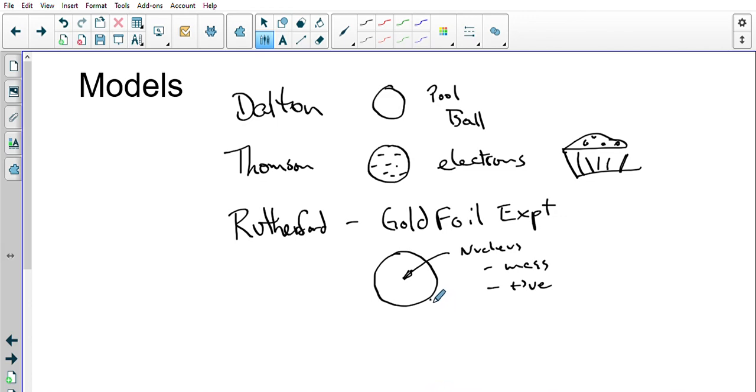And then out here, you've got some negative stuff. But this stuff is really not very much compared to this. And what we have in here is really empty space.